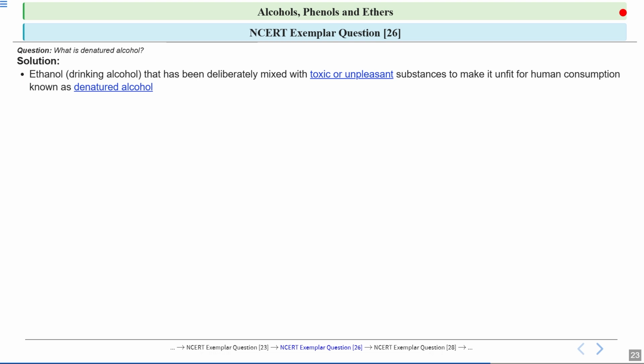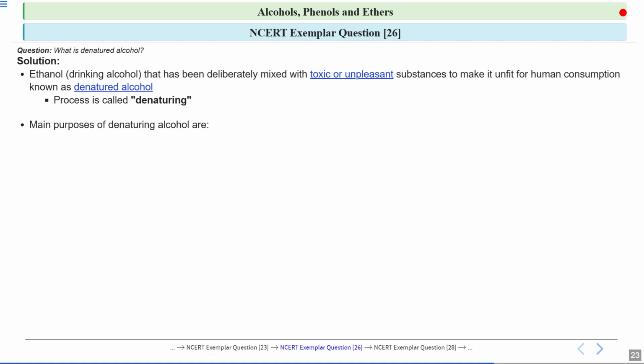These additives make the alcohol unfit for human consumption, meaning it cannot be consumed further. This process is known as denaturing. The process of making alcohol unfit for human consumption, or undrinkable, is known as denaturing, because it alters the properties of alcohols.